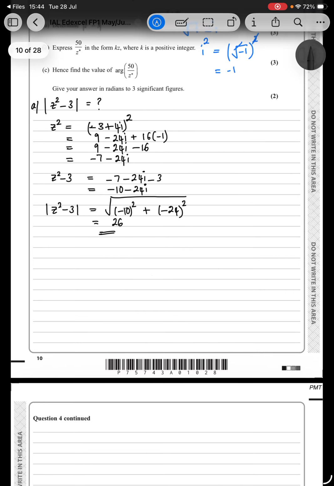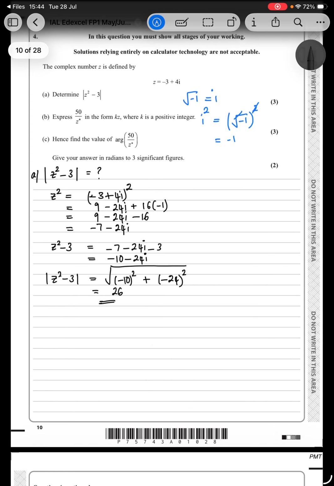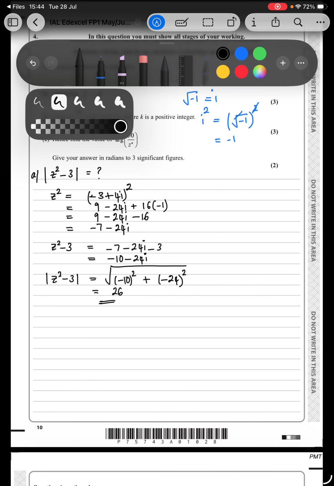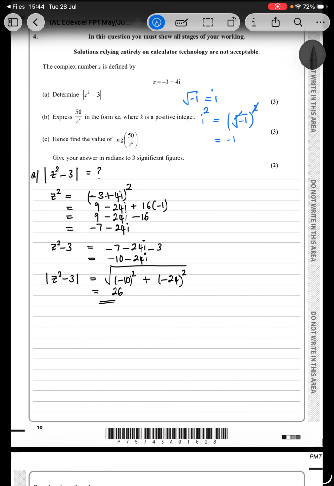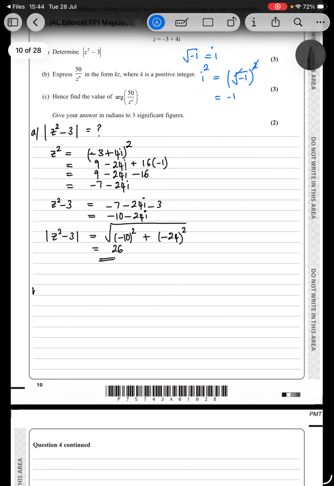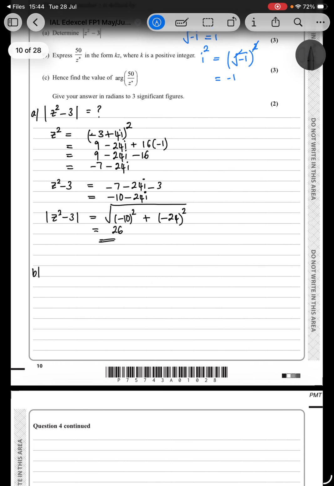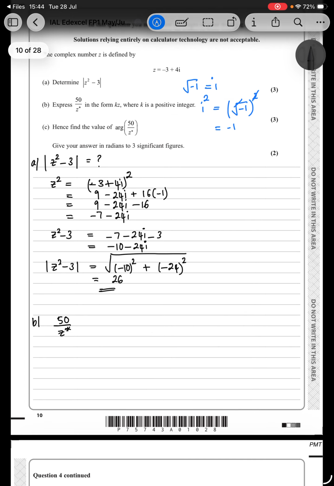Moving on to part B. It says express 50 over z complement in the form kz, where k is a positive integer. So 50 over z complement. Now z complement is going to be minus 3 minus 4i.